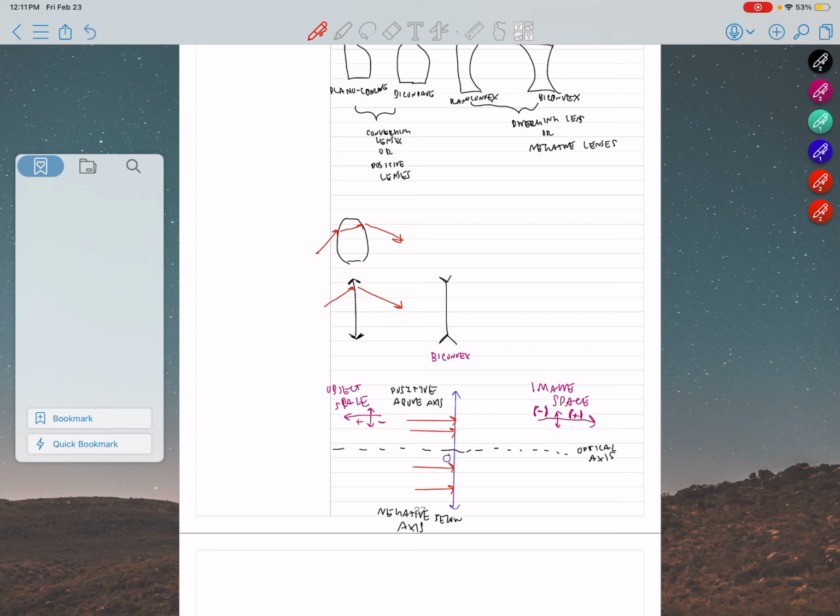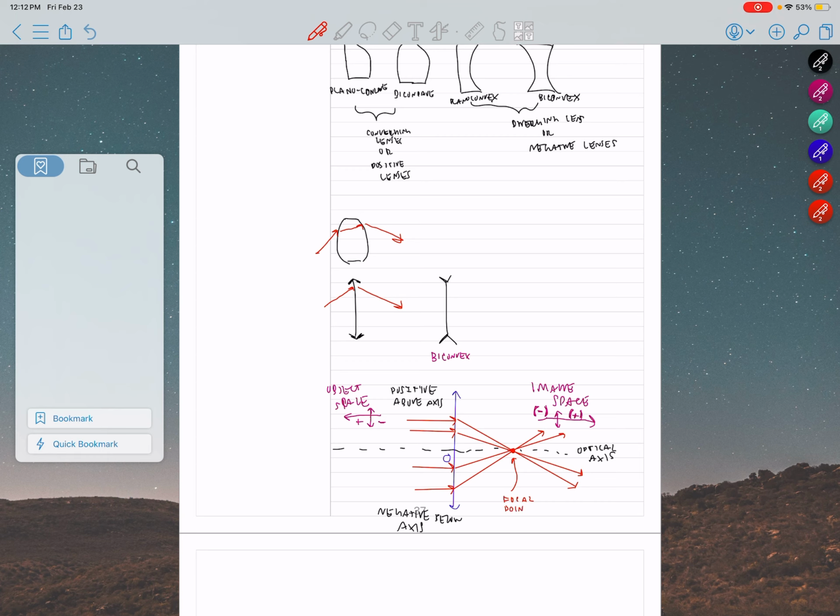The point at which all rays converge, that's called the focal point. This is the focal point.